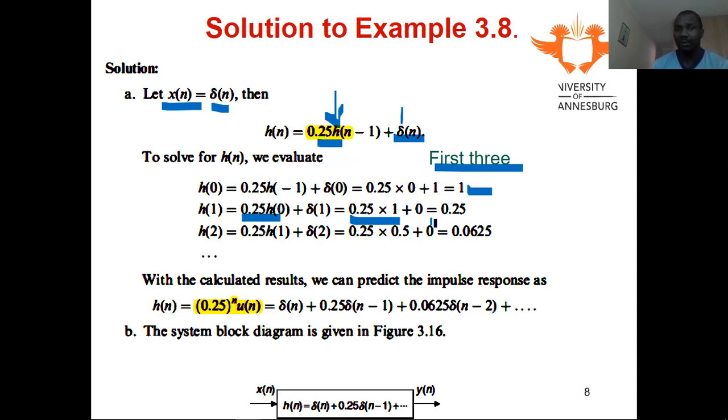So you have 0.5. Now, you can carry on with this, and the next one will be 0.25. It's interesting to note that when you take this divided by that, you get 0.25, and this divided by that, you get 0.25. So it's like you were multiplying by 0.25 throughout.